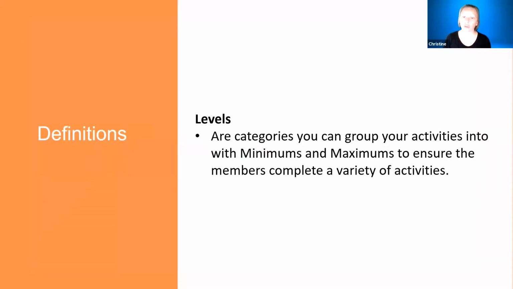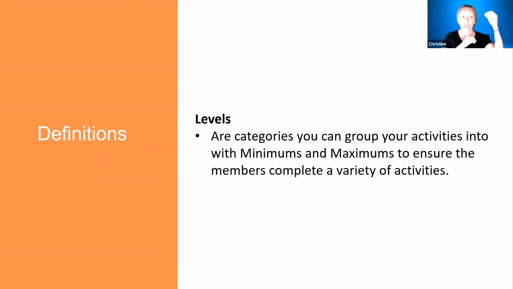Within our program, we also have things called levels. Levels are like categories in which you can have activities gathered together, where you can have maximums or minimums to ensure that members complete various activities. You could have a level for on-demand webinars that the members can attend, another level for in-person activities or network meetings, and another one for online quizzes that they take or videos that they watch.